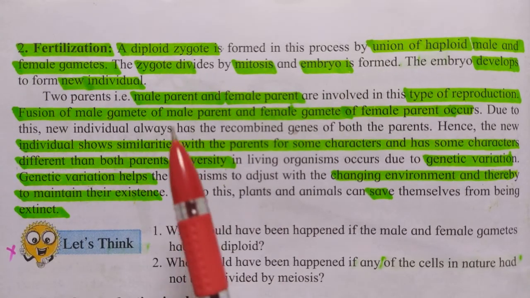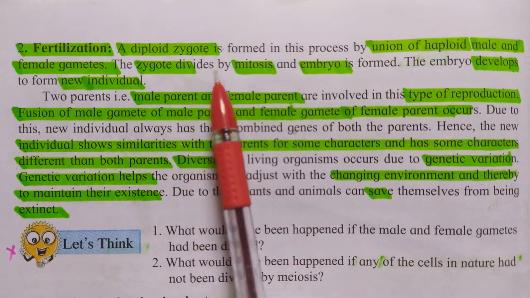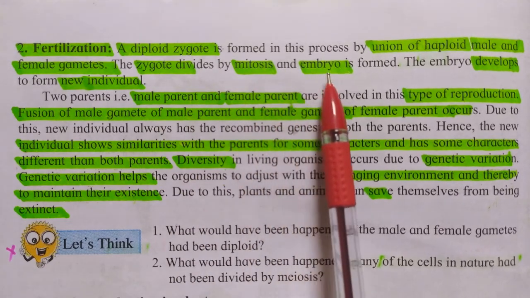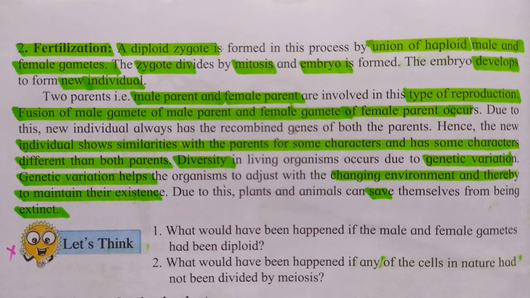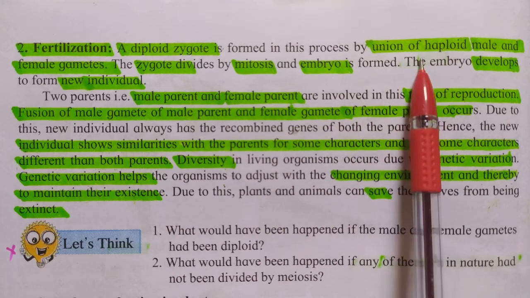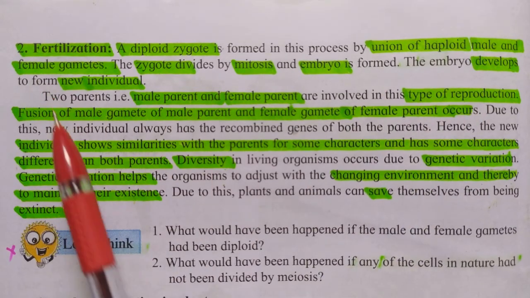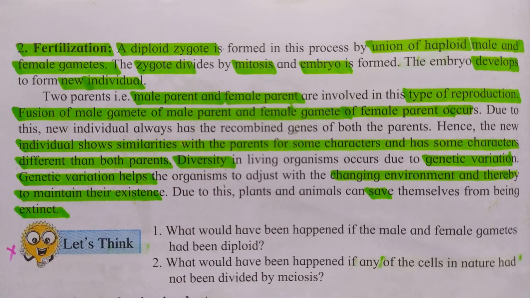Afterwards, this zygote divides by not meiosis but by mitosis, and embryo is formed. This embryo afterwards develops to form a new individual.